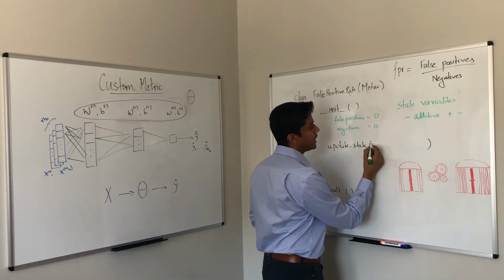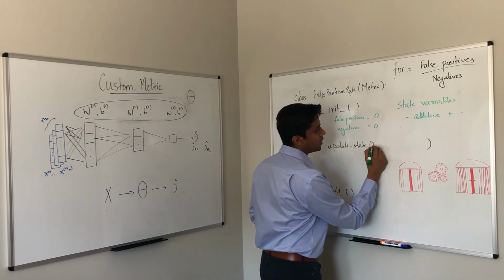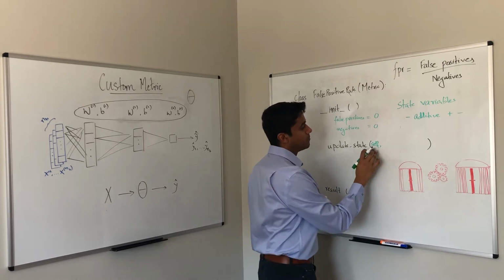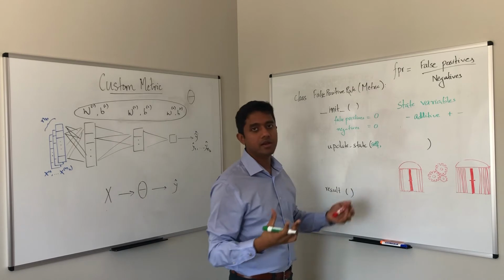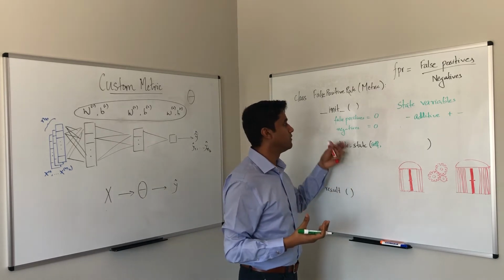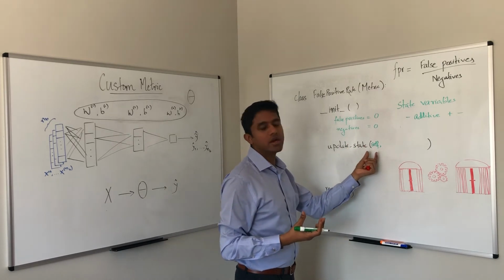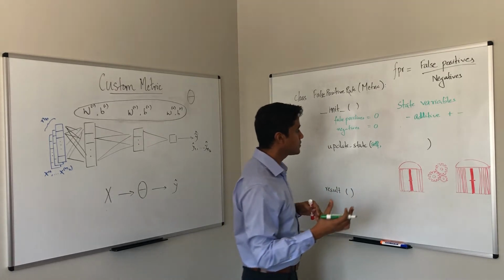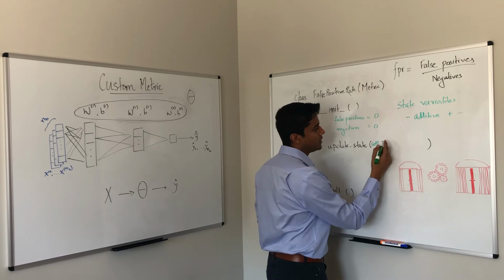The update state has, now self is always an argument. If you don't know, self is basically a class argument, which means that you can use self to access anything that is present in your class. So this is a default argument.